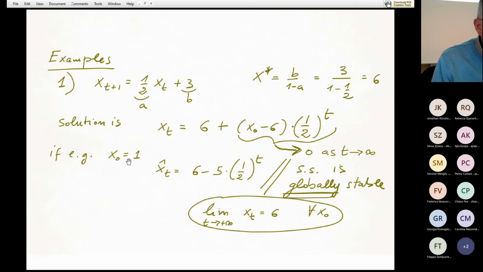If, for instance, x0 is equal to 1, this becomes minus 5. So the solution becomes 6 minus 5 times 1 half to the power of t, and the steady state is globally stable, okay? And we can realize that the steady state is stable because A is 1 half, so it is less than 1 in modulus.